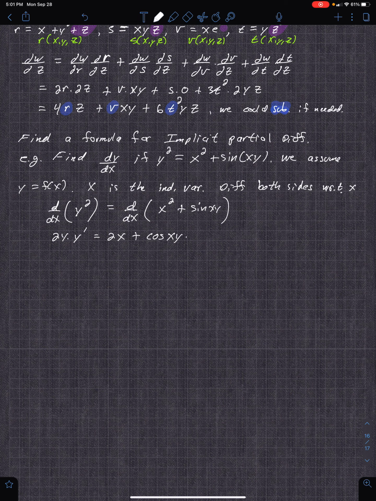Now what's inside needs product rule: derivative of the first, which is 1, times the second, plus the first times the derivative of the second, which is 1 times y prime. Like that. Okay, so now solve for y prime.